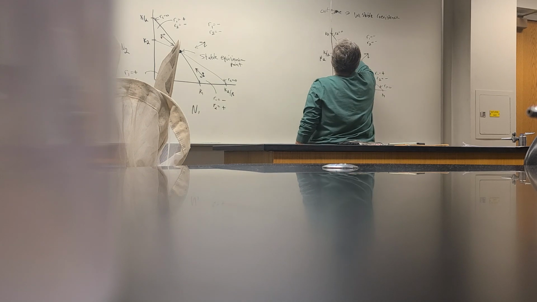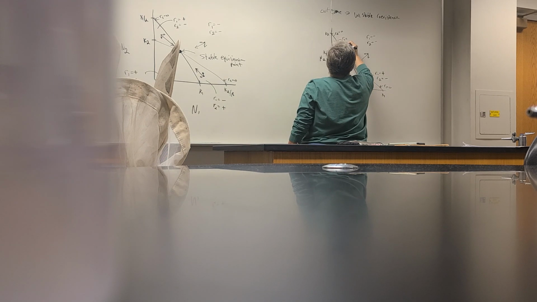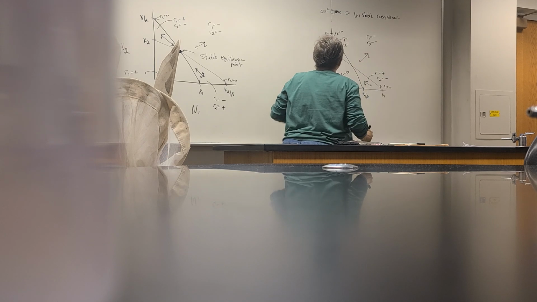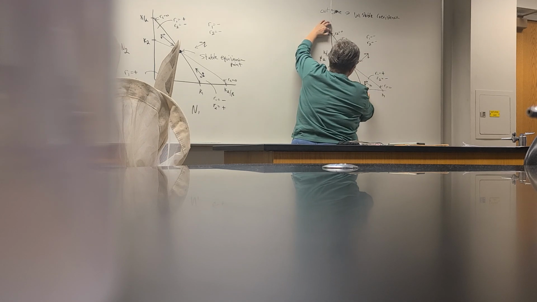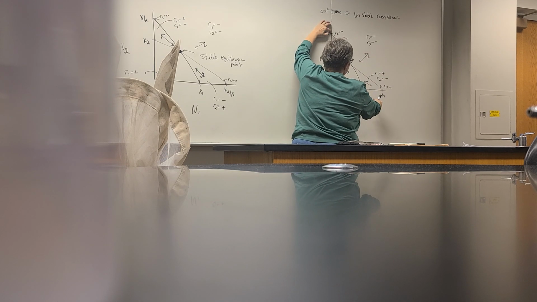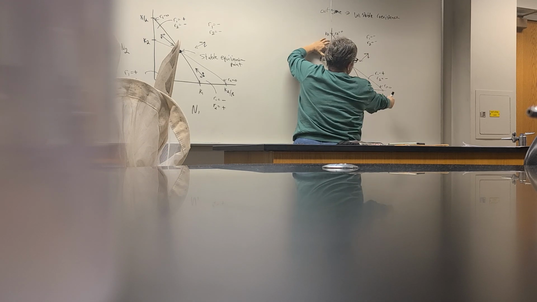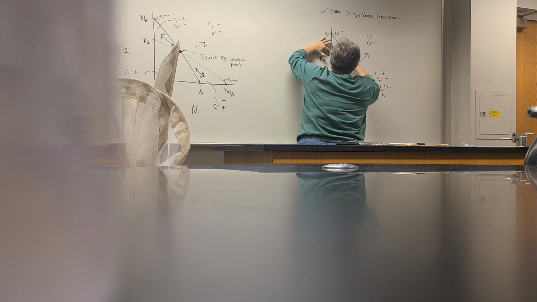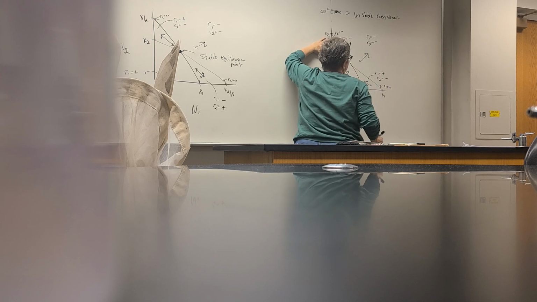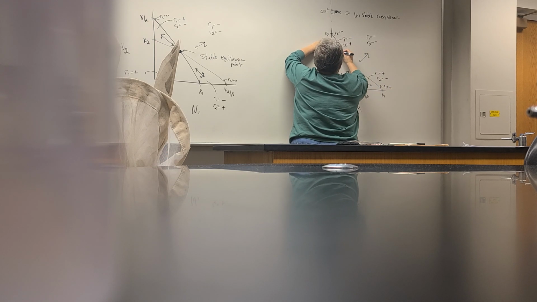Okay. In this triangle, okay, here's our R2 line. We are below it, so it gets a positive. Here's our R1 line. We're above it, so it gets a negative. Start right here. R1's decreasing, it's going to go that way.